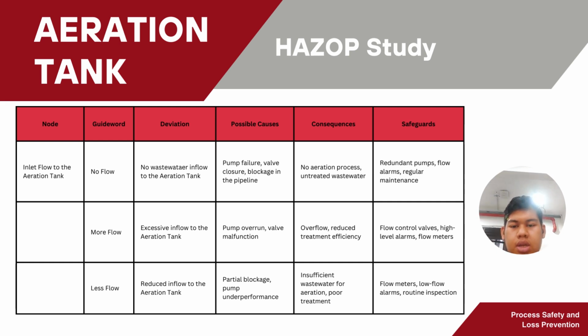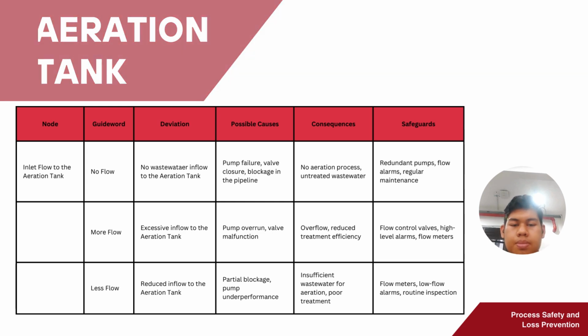The deviation is reduced inflow to the aeration tank. The possible causes are partial blockage and valve underperformance. The consequences are insufficient wastewater for the aeration and poor treatment. The safeguards are flow meters, low flow alarm, and routine inspection.